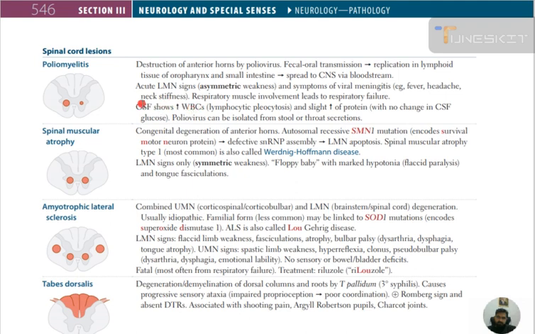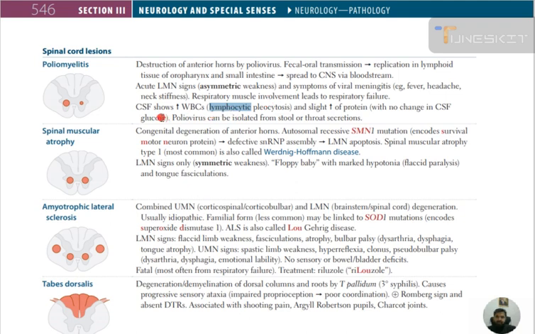So the diagnostic test is CSF examination, and in this we will have increased WBCs, lymphocytic pleocytosis, which means we will see more lymphocytes, and slight increase of protein with no change in CSF glucose, as this is a virus and doesn't need any glucose for energy.